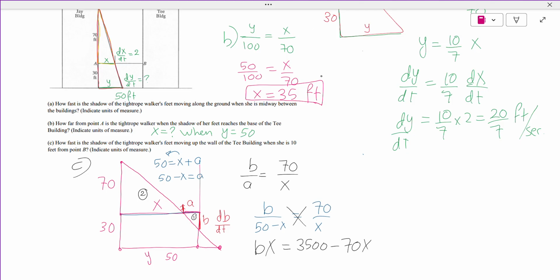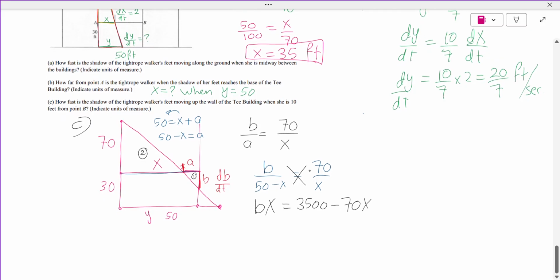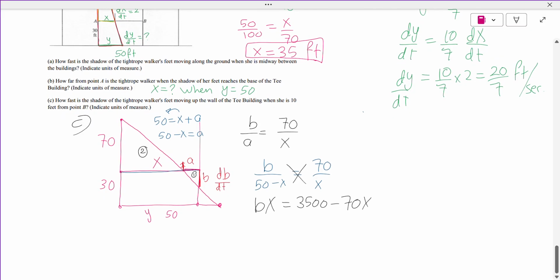We're looking for dB over dt. We can differentiate, okay? Notice that here you must use the product rule, because both are functions of time. So the first one is: differentiate the first, we get dB over dt, leave the second, plus leave the first, differentiate the second, equals 3,500.